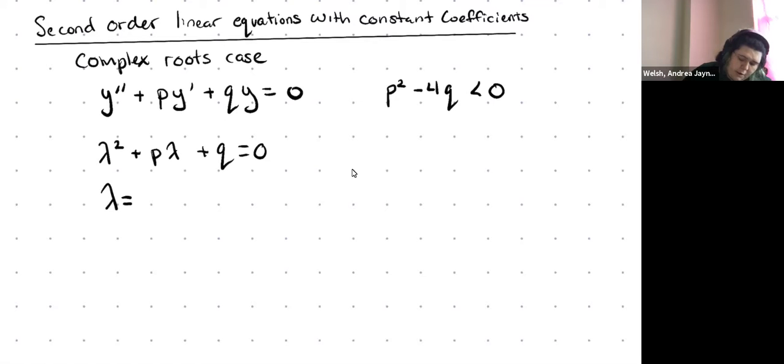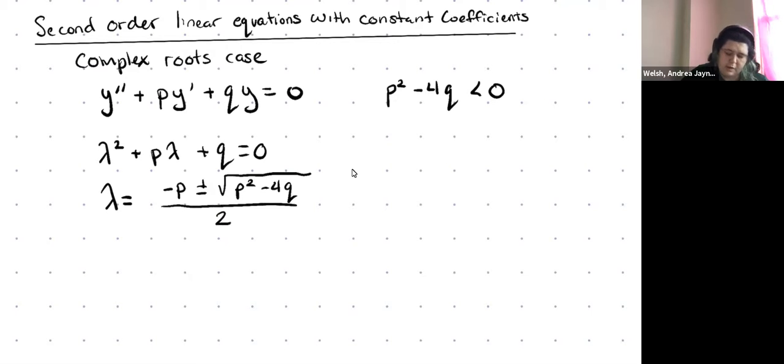When we try to find lambda using the quadratic formula, we get (−p ± the square root of p² − 4q) all over 2. The p² − 4q is our discriminant. So when that is less than 0, we have a negative under the square root, and we end up getting complex roots.